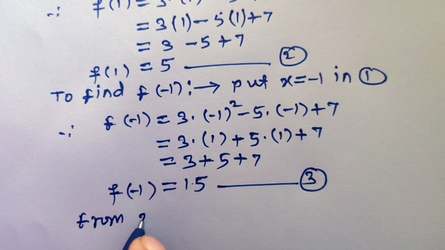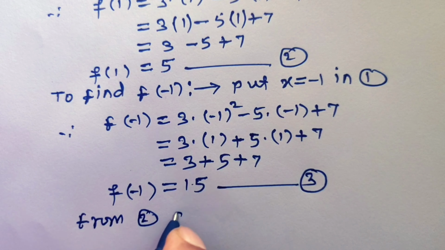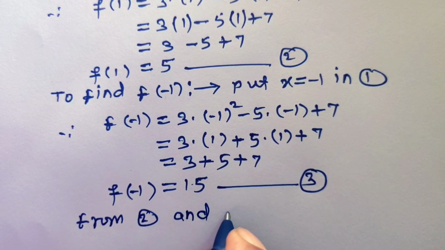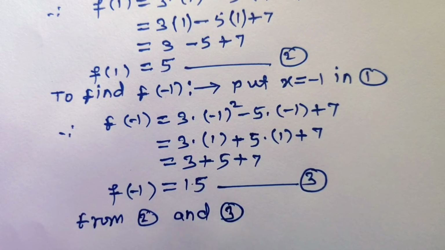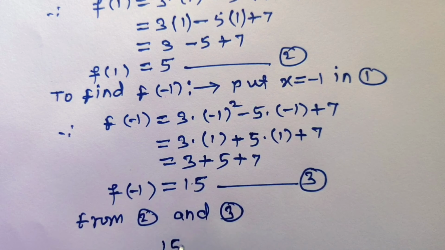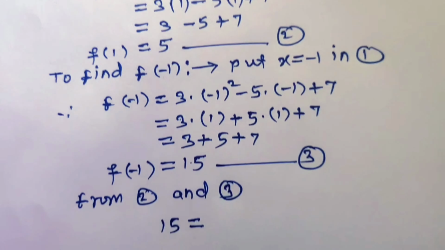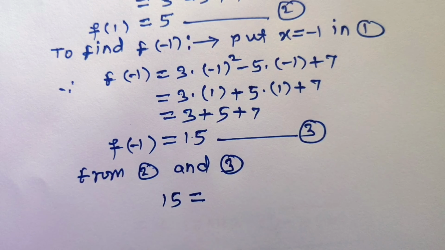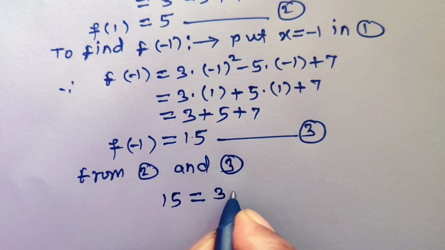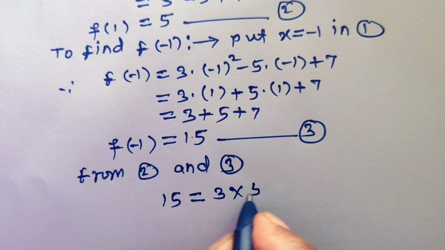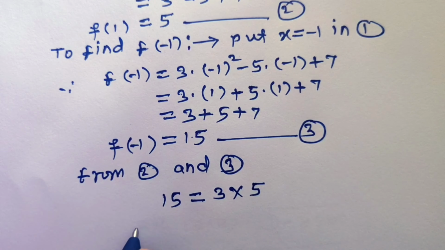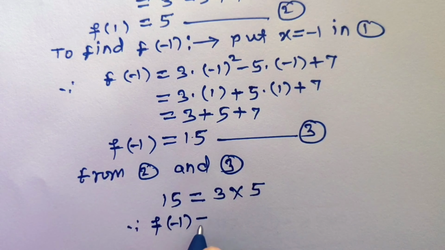But we have to prove f of minus 1 is equal to 3 times f of 1. So, from equations 2 and 3, equation 2 gives right hand side 5 and equation 3 gives right hand side 15. 15 is greater than 5. Hence, 15 is equal to, we can write, 3 into 5.